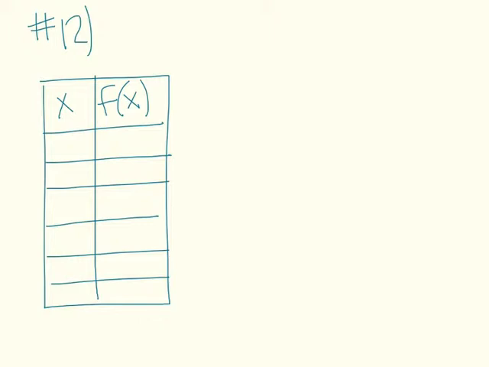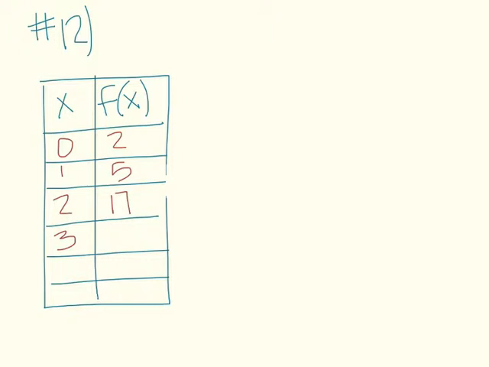We have the values 0, 1, 2, 3, and 2, 5, 17. We need to finish filling out the table and then write the function rule that the table is modeling.